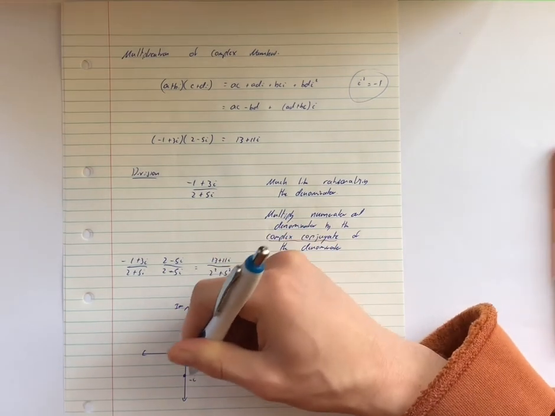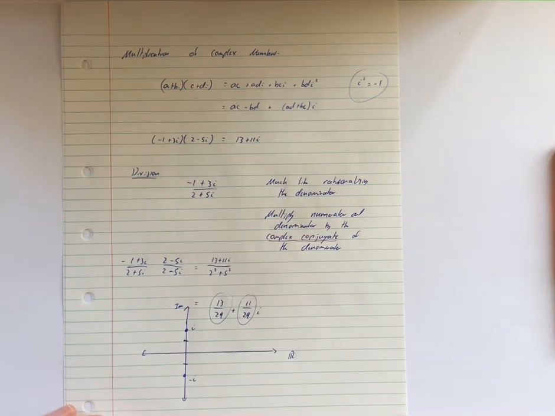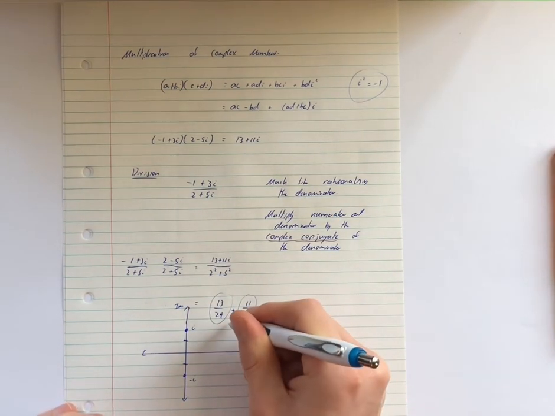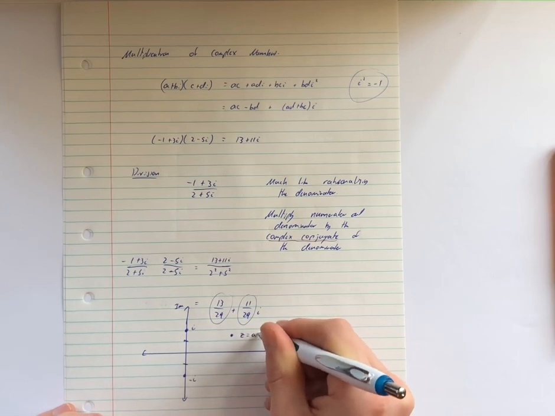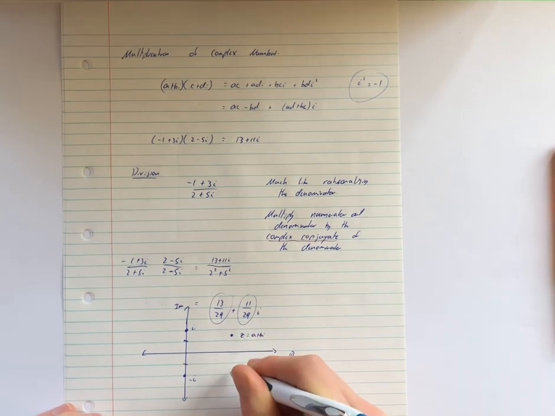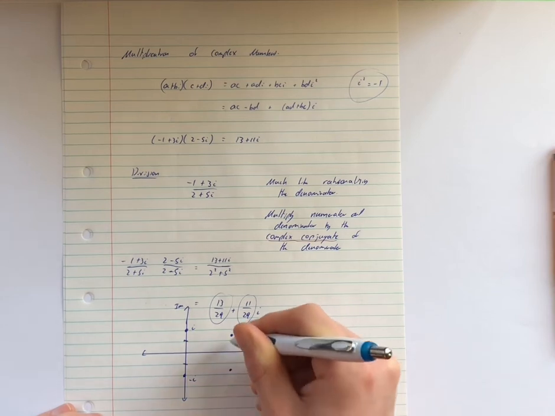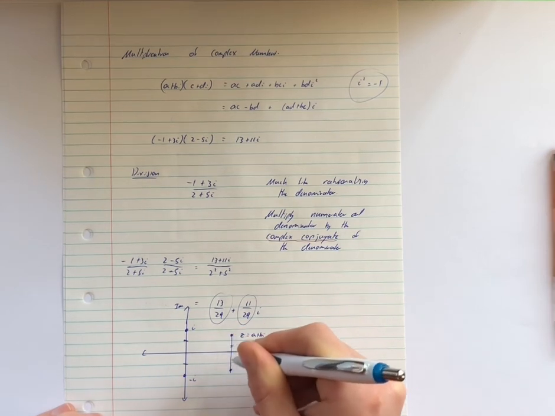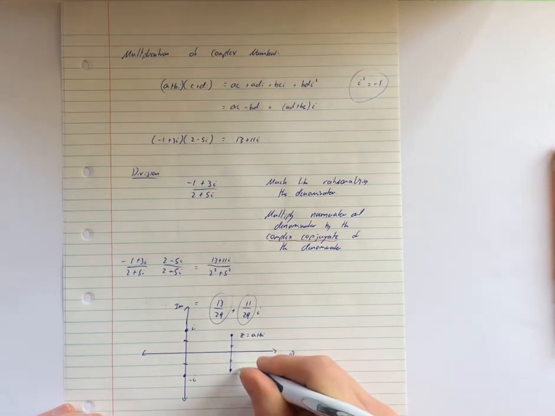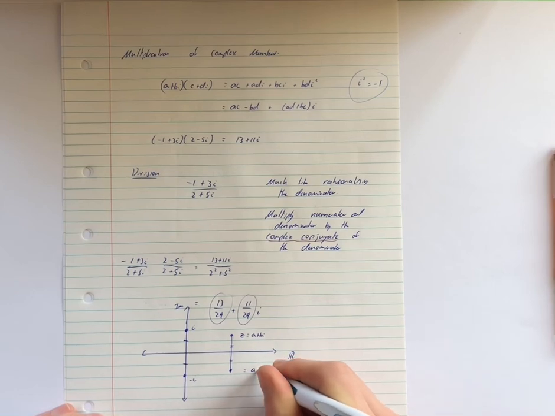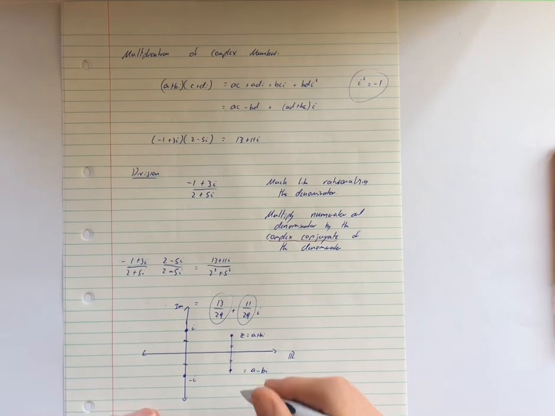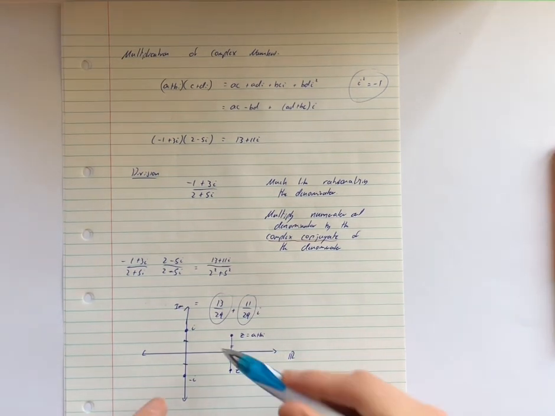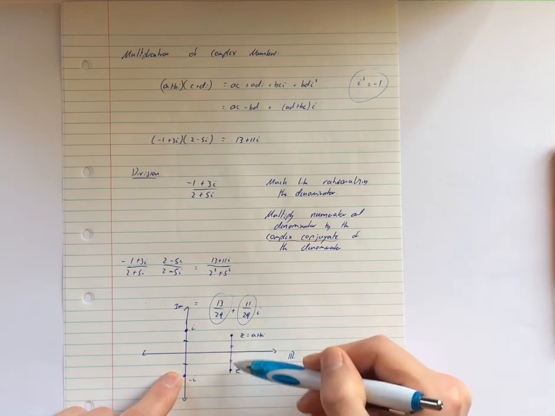So that distance is the same. If we have z equals a plus bi, then its conjugate is going to be the same distance, just in this direction. And those lengths are going to be the same. And that's a minus bi. Now the symbol we use for conjugates is z hat.